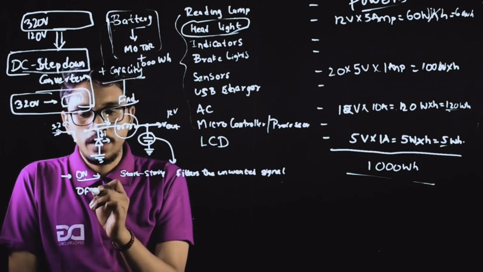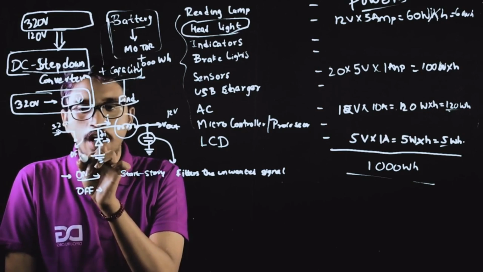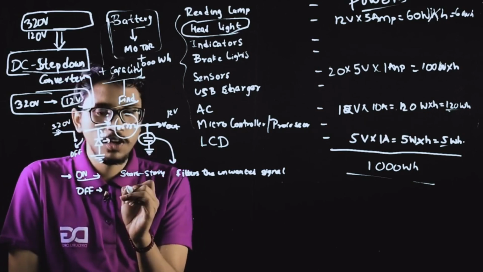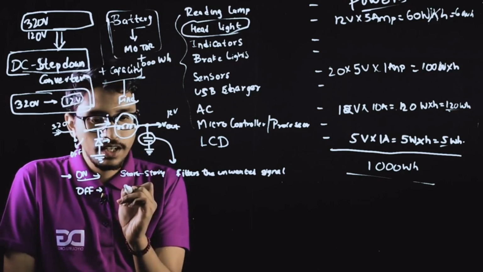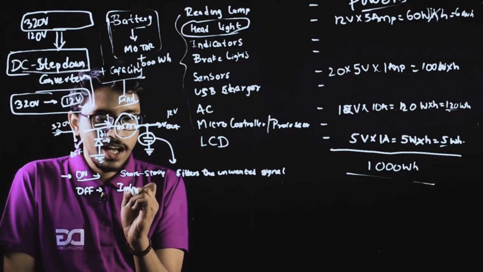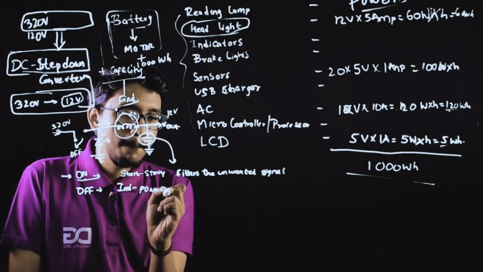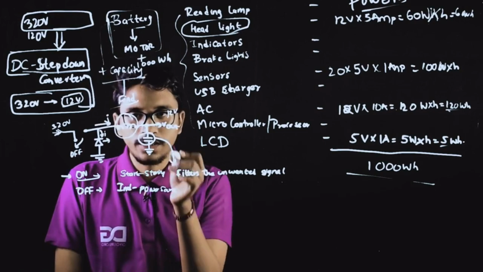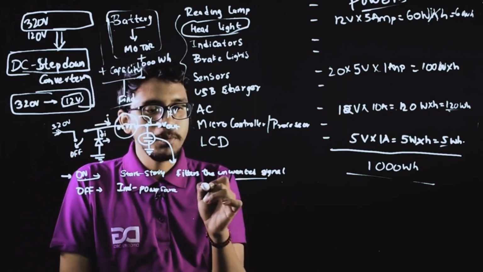After storing some energy, the switch will be off. Now when the switch is off, this inductor acts as a power source, and it starts filtering through the capacitor.